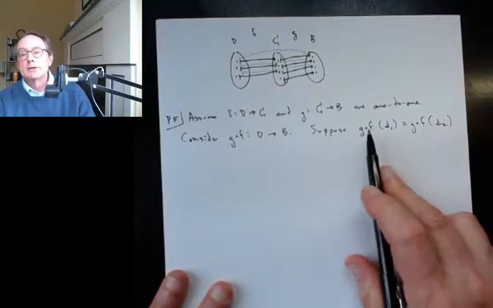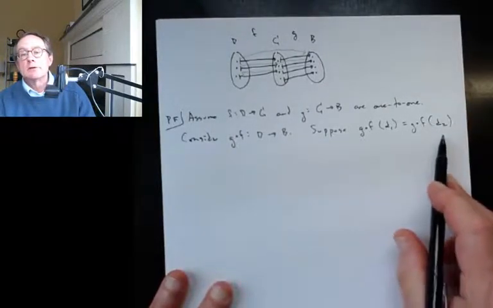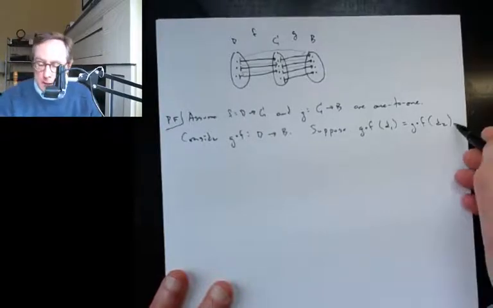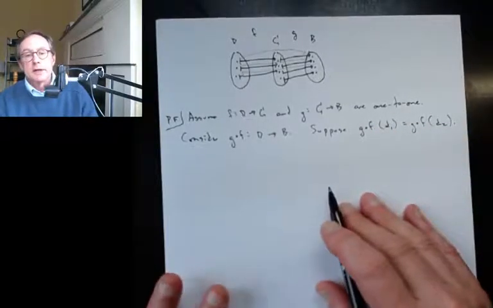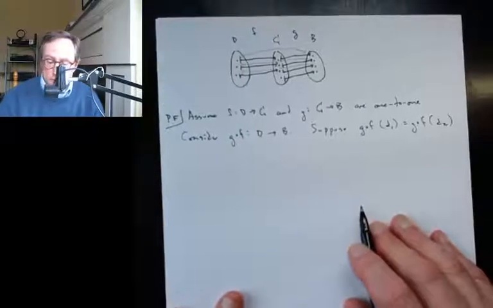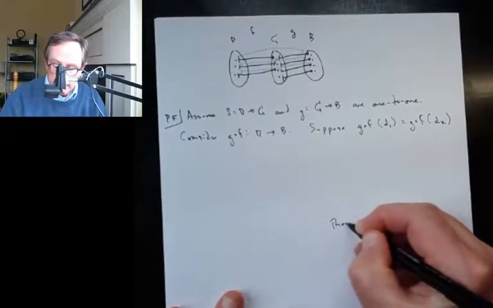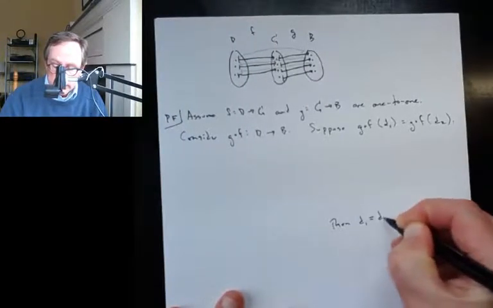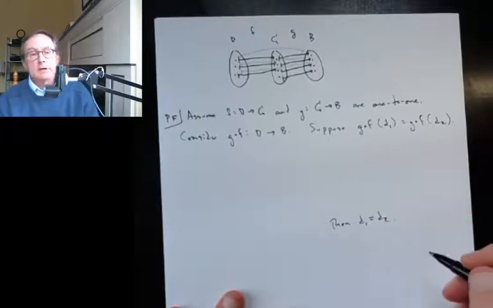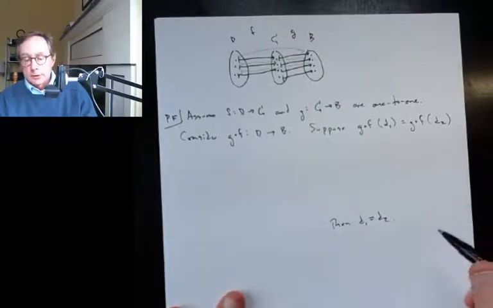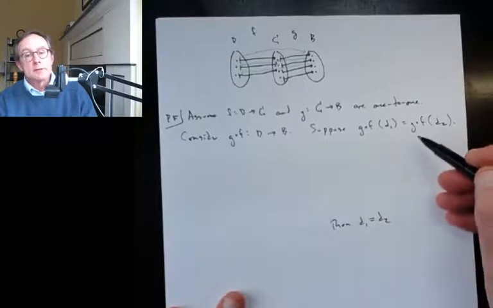Can you read that? G circle F of d1 equals G circle F of d2. And then at some point this person's got to do some thinking, of course. But the conclusion is going to be then d1 equals d2. That'll end the proof.